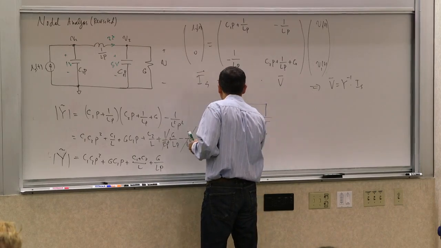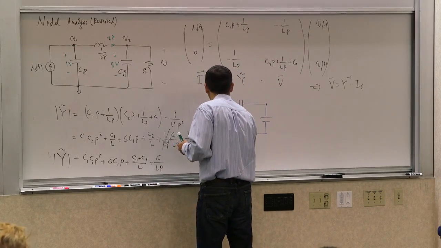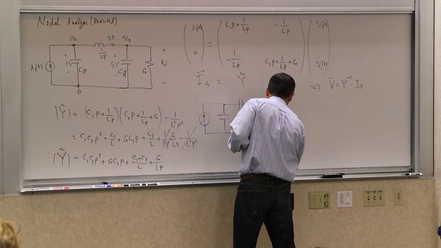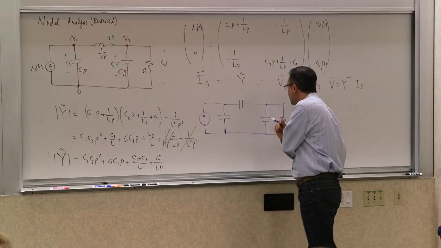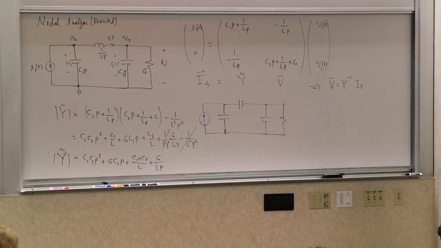If I had 3 capacitors, if I had this circuit, right? Then now what's the order of the circuit? I want you to continue on that thought process. I guess it's 2 now.